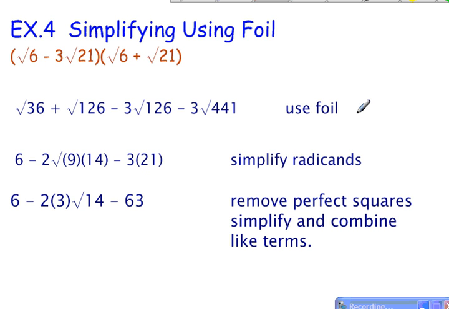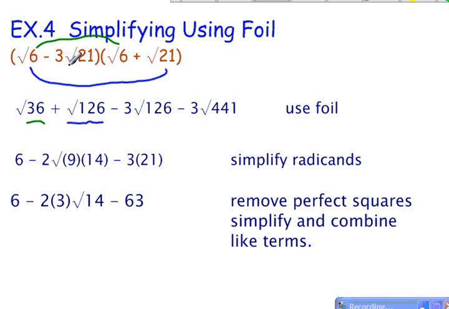Okay, remember using the FOIL, we do first times first, square root of 6 times square root of 6 equals square root of 36. Outside, radical 6 times radical 21 equals radical 126.